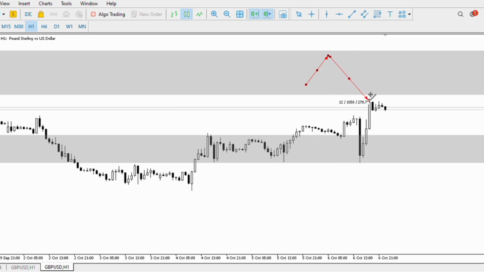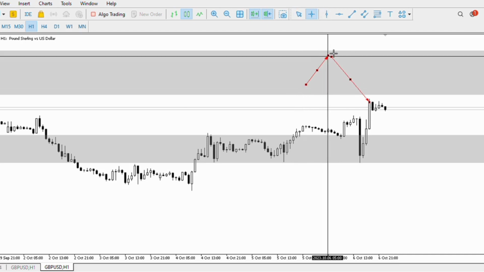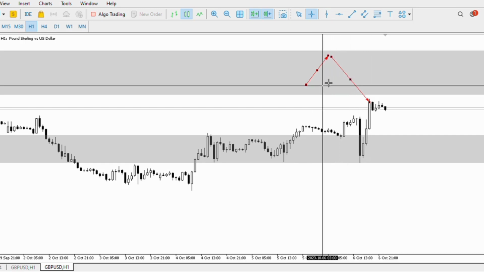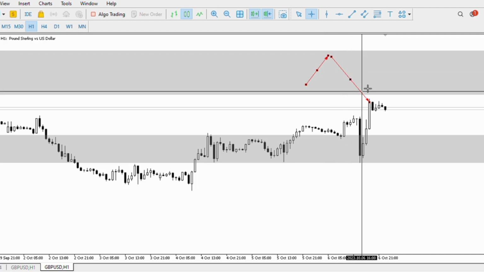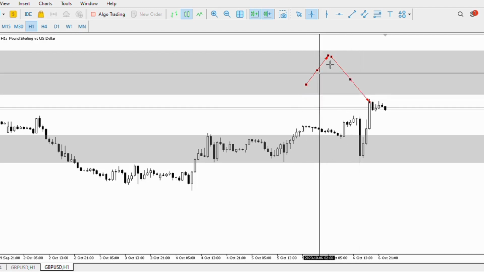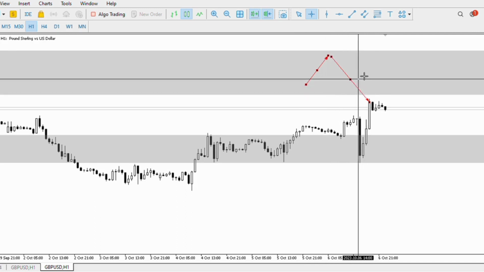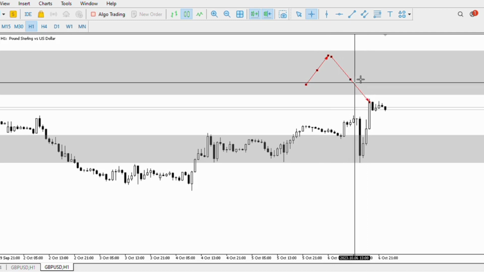So what has happened is that price went up, then price came all the way down to this point, breaking the low of this point. The moment price broke this low, we have a new change of character showing us that, okay, fine, price has been going up, but since price has come all the way down to break this level, it means we are beginning to have a possible downtrend or a possible reversal.